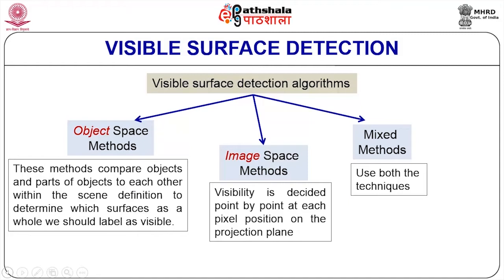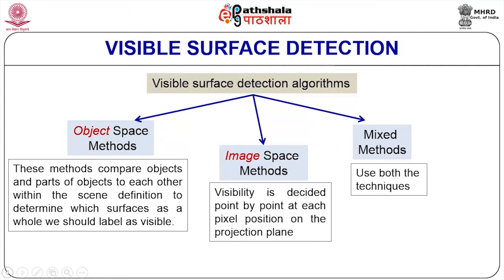Whereas, in the case of image space, we take a projection of the 3D world onto a 2D plane. We assume that we are viewing from some position, and at that position we imagine a 2D rectangular plane onto which the 3D world is projected, and we then try to determine the final value at each and every pixel position from the given viewing position.